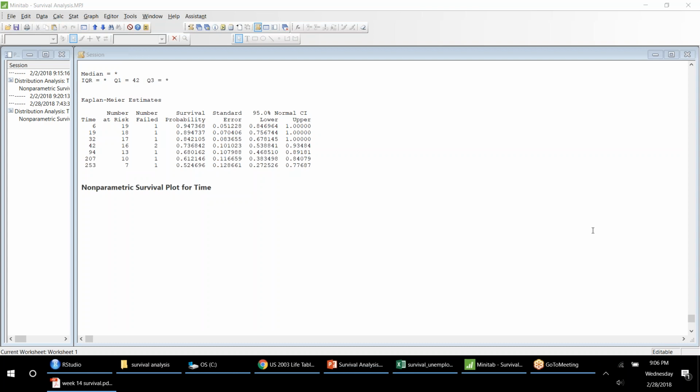Can we identify survival function for multiple events? No. Probability is your output. That's what you get.